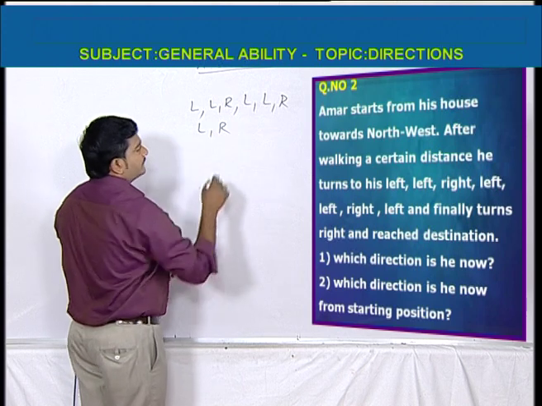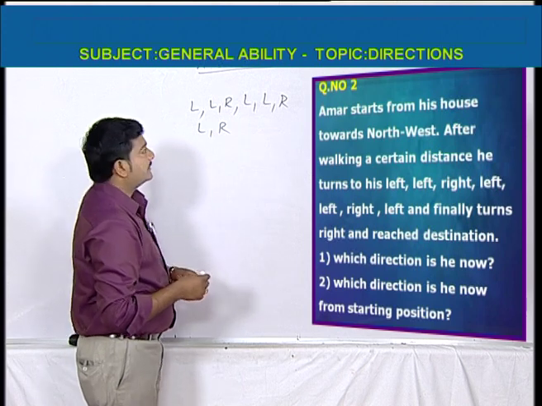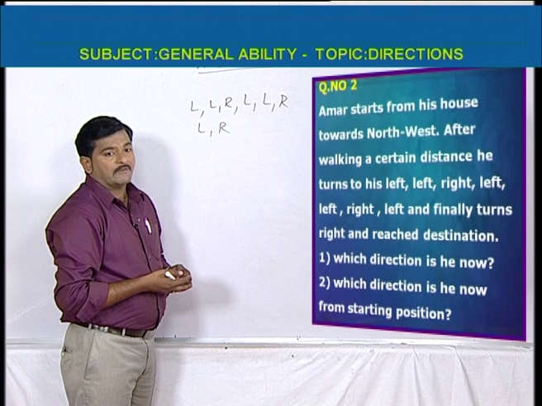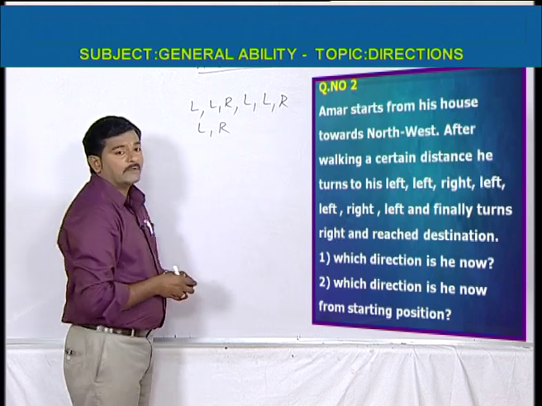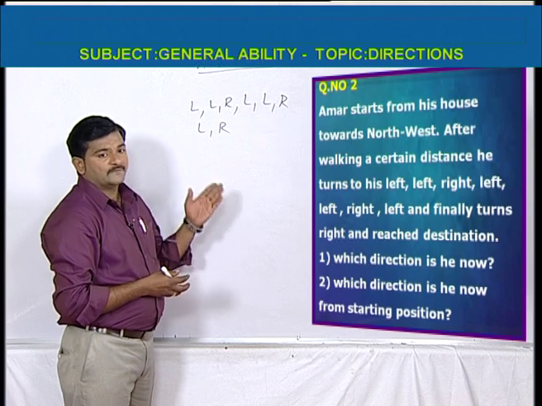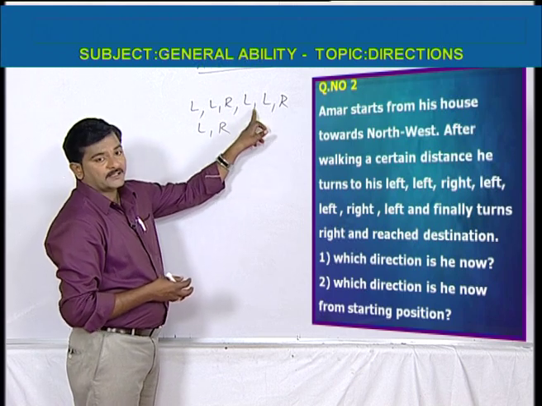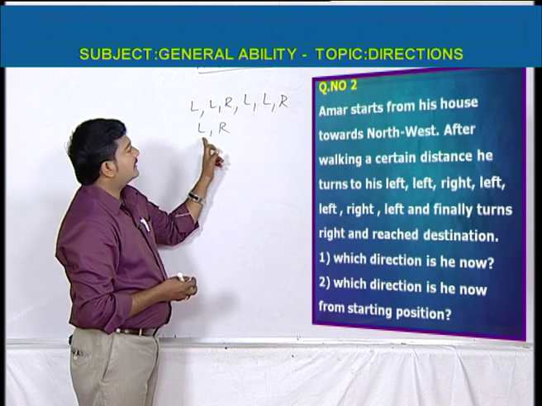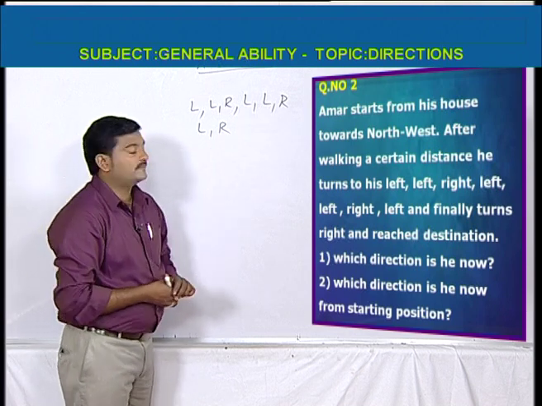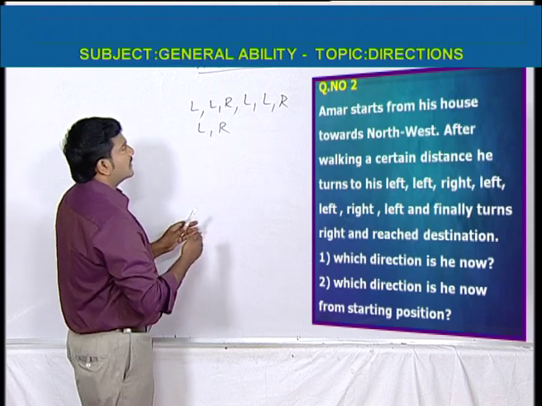Finally he is given a right. How many lefts are there? 1, 2. Just focus on this question. 2 lefts are there, and next a right is there. Again 2 lefts, 1 right. Again 1 left. Finally he turns left and reaches the destination. So the concept is the same.